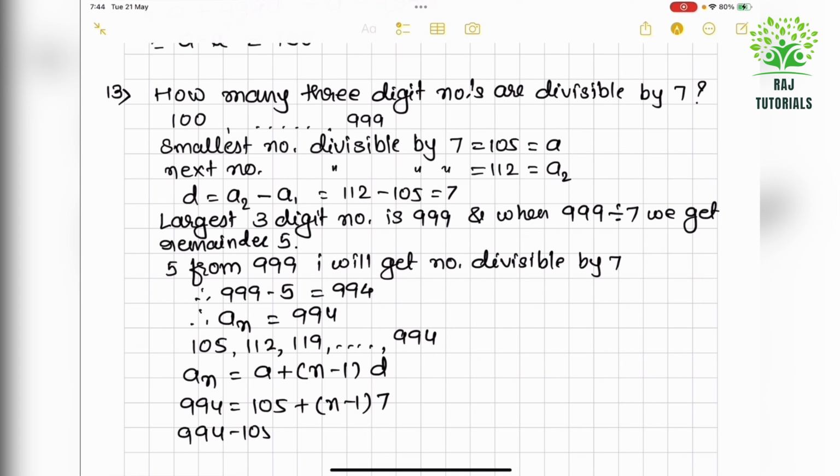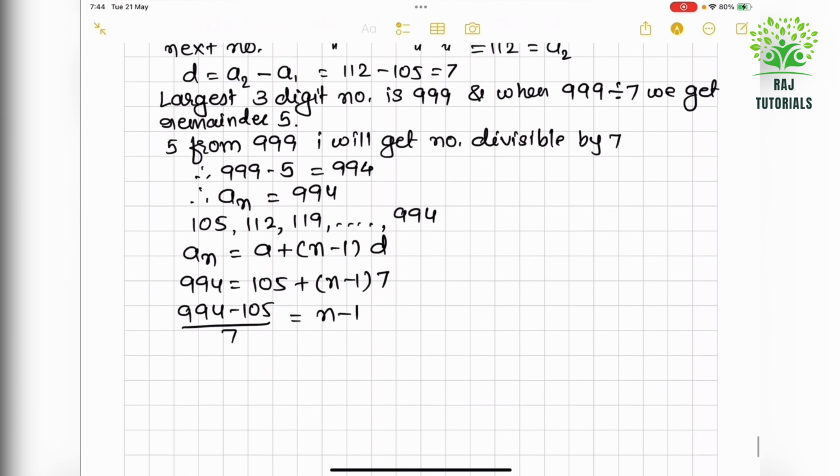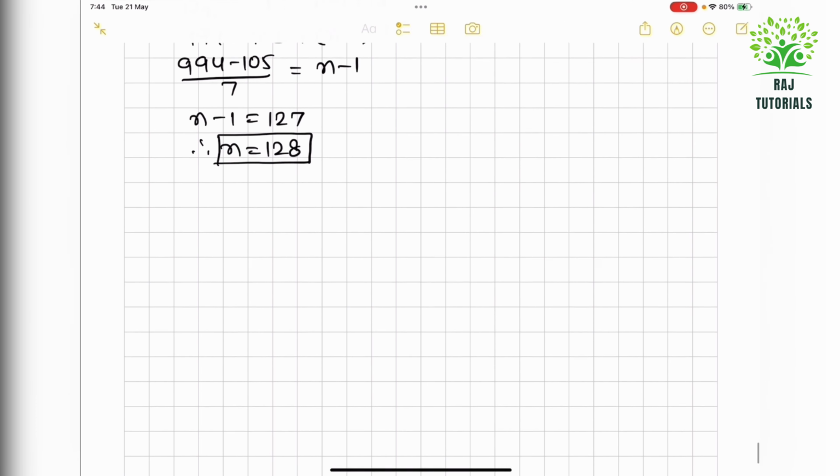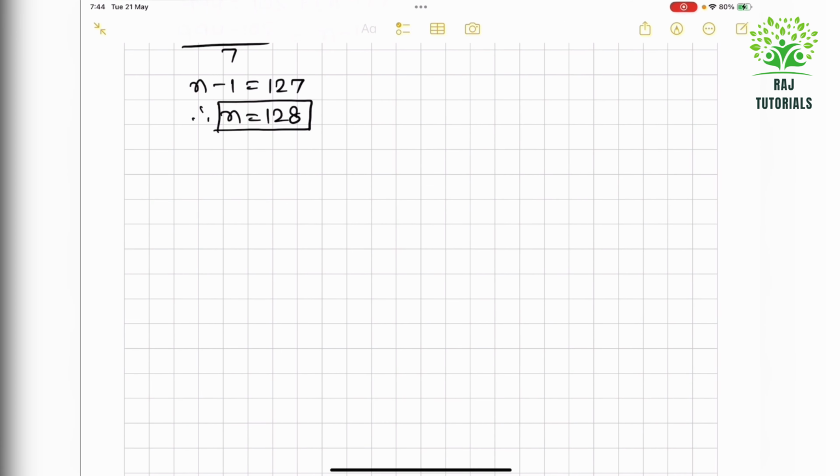So 994 minus 105 upon 7 will give me N minus 1. If I divide it, I will get N minus 1 equal to 127. Therefore N equal to 128. That means there are 128 3-digit numbers which are divisible by 7.